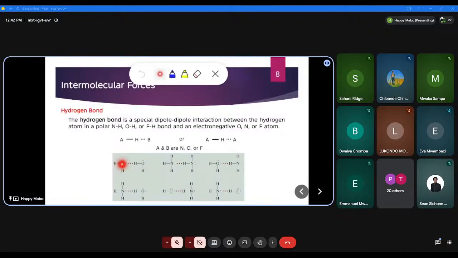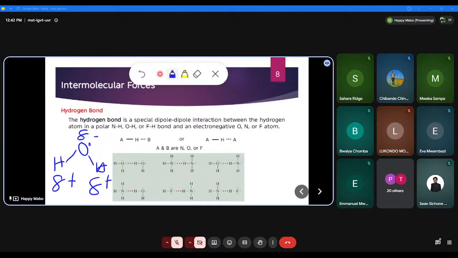So if you had two molecules of water, remember the arrangement of atoms in a water molecule. You have this partially positively charged, this partially positively charged, and this partially negatively charged.